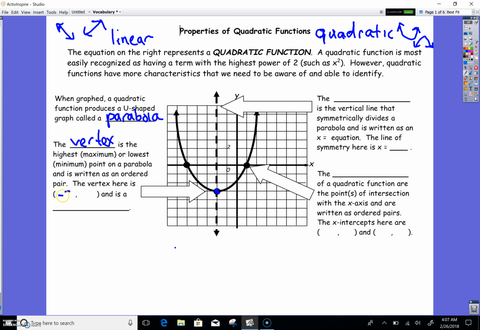So it's -2, -3. And since it's at the bottom of the parabola, it's a minimum. Remember, if it's at the bottom, it's a minimum. If it opens down, then that right there is a maximum.